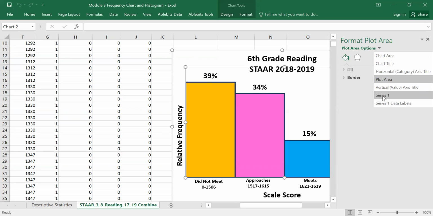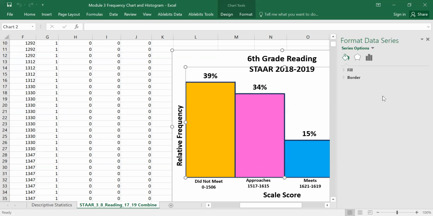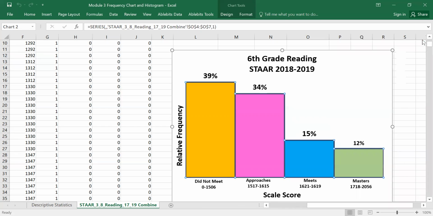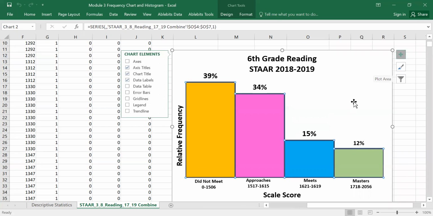I did series 1, and then I clicked on there. And then I chose this button right here with the 3 different bars. And I clicked on that. And then I chose 0 for my gap width. And that made the bars go together so that it was a true histogram. They're all connecting. Took me a while to figure that out. And once I did, I was very proud of myself.